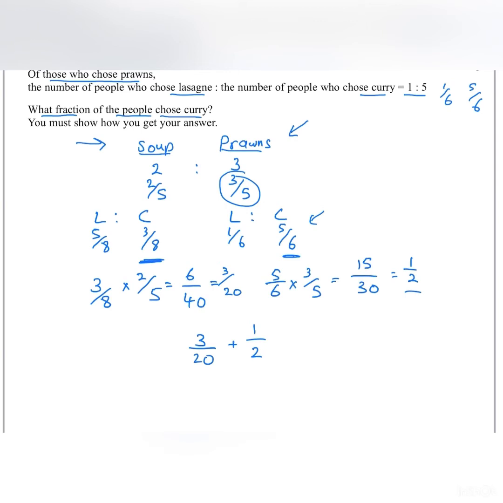And if we add them together, so don't forget to make this into equivalent fraction, times by 10. Okay, both sides. So we got 3/20th, add 10 over 20, and that is 13 out of 20 of people who chose curry. So that is the answer for this question.